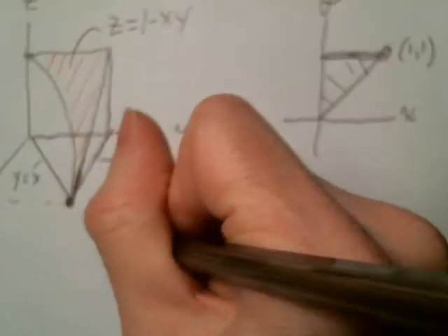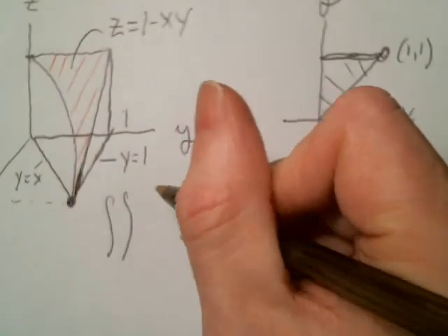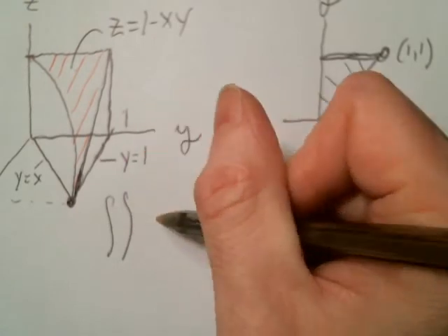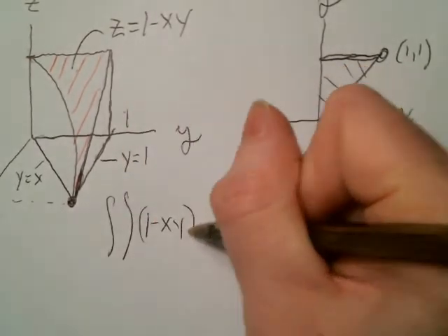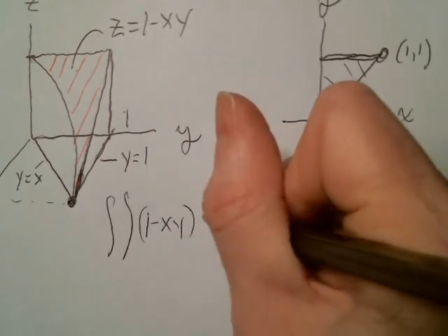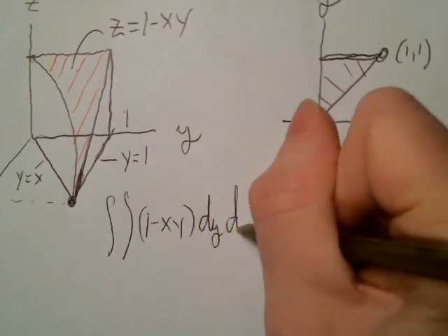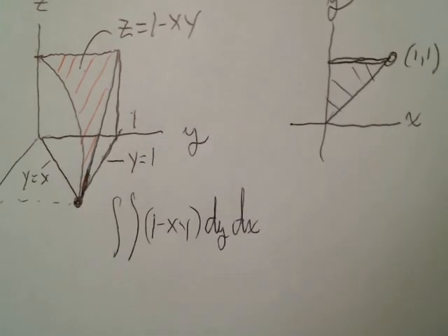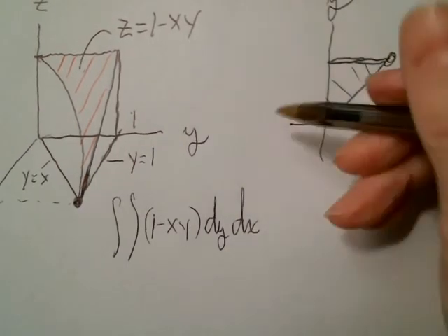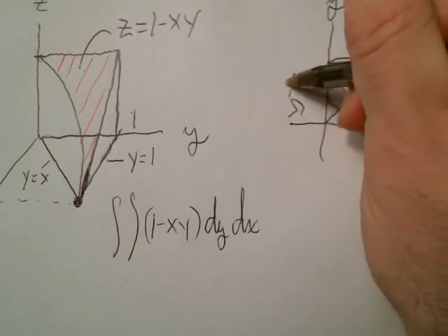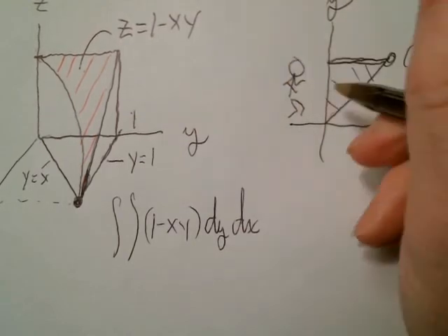So the first integral, I'll do it in the traditional method. Inside the integral, you're putting the surface, so 1 minus xy. And then first we're going to do dy dx. So this is a traditional orientation. My running man is oriented like that.